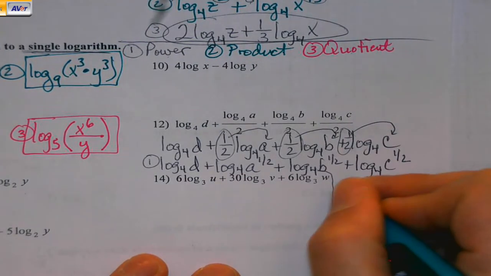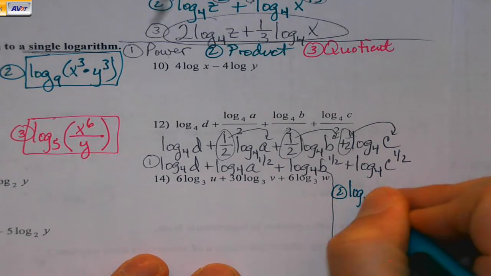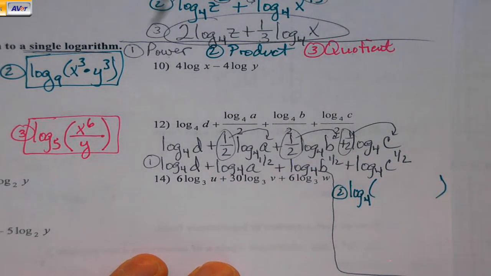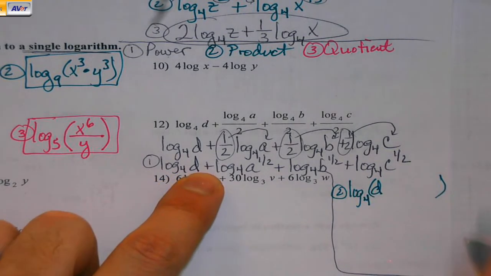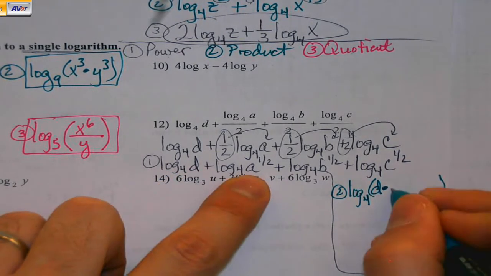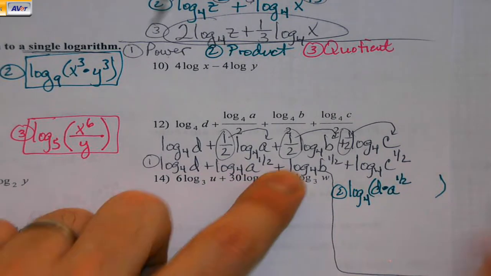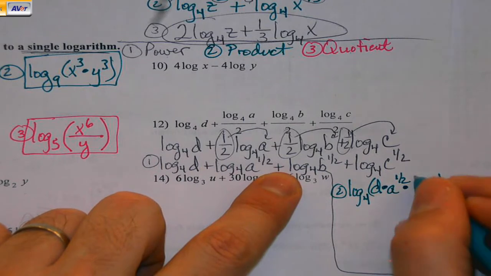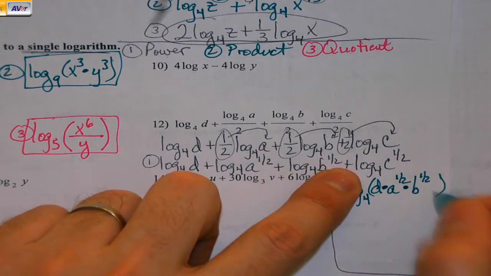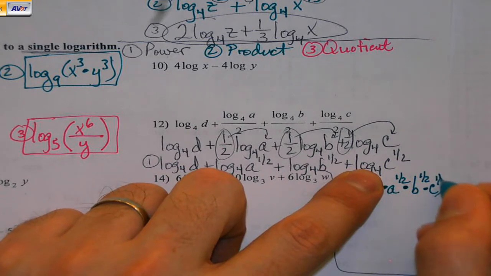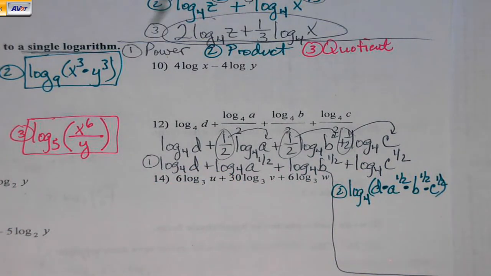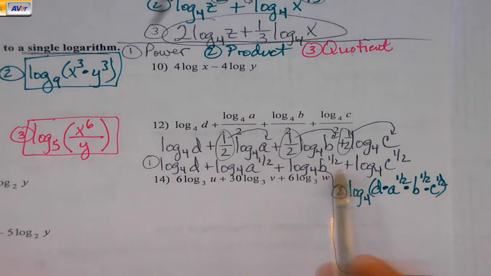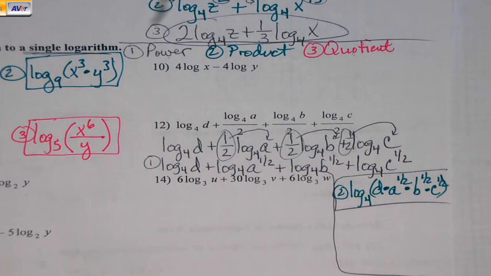So as I go to turn this into a single logarithm, so I've got d, now I have a plus, it becomes times, a to the 1/2, and I got a plus, it becomes times, b to the 1/2, and I got a plus, that becomes times c to the 1/2. So all those pluses just became multiplication dots. But it's all 1 log now. And I don't see any minuses anywhere. So I'm done.